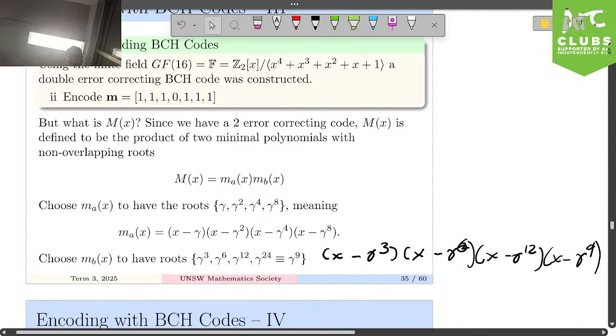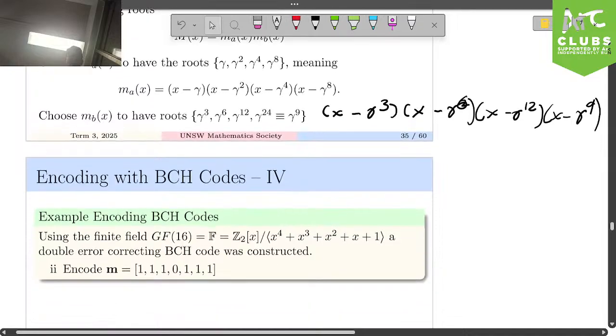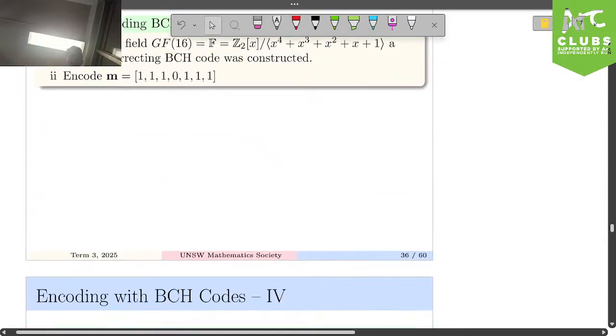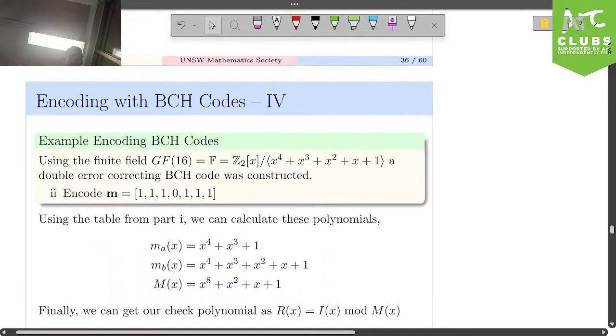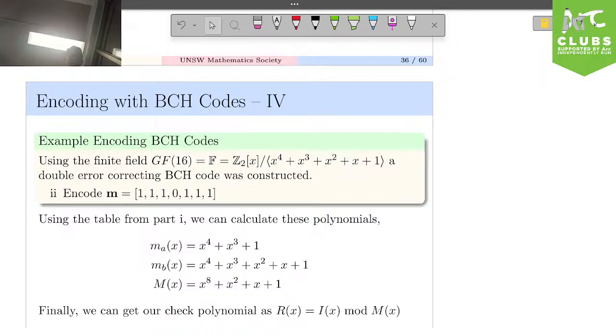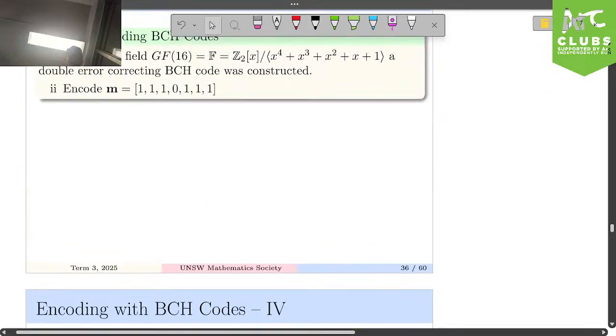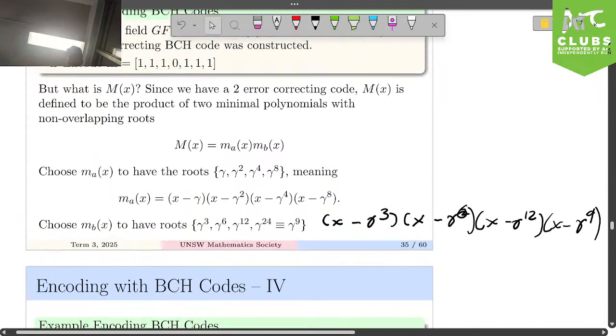That lets us form m of x. We just multiply these two together. And unfortunately, this is a heck of a calculation. You have to multiply those two polynomials together, and not just those two, you're going to have to multiply the gammas out.